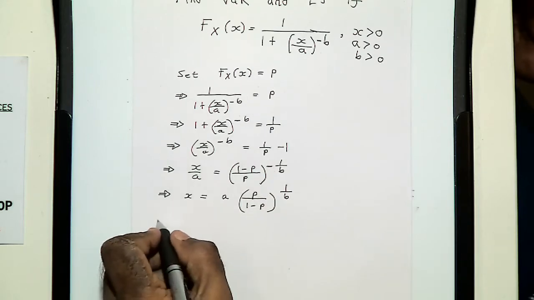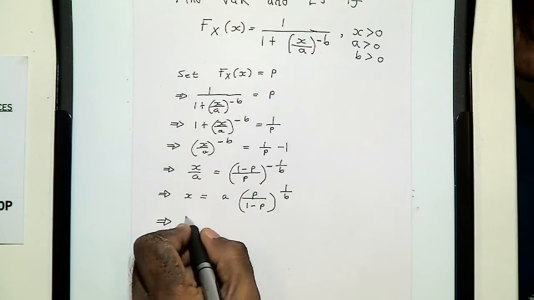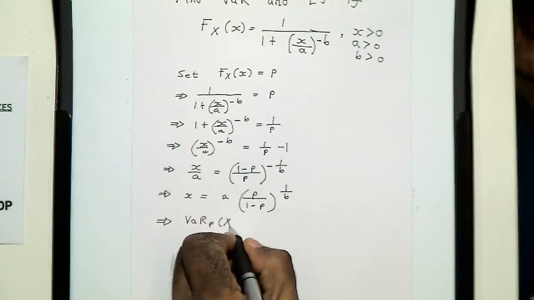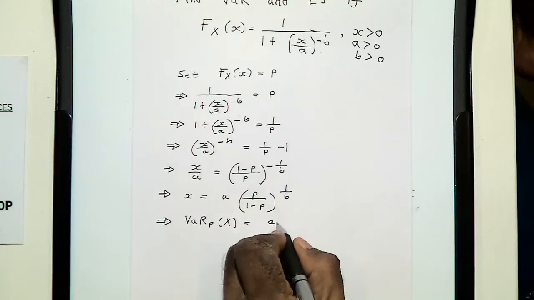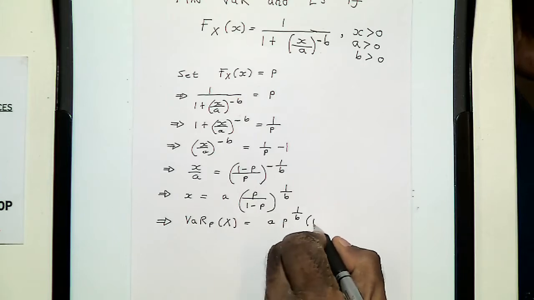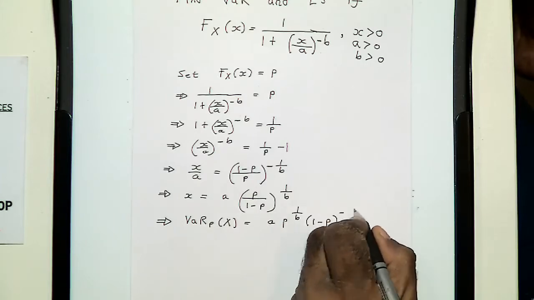All right, so this is your VaR, your value at risk: a times p to the power 1 over b, times 1 minus p to the power minus 1 over p.